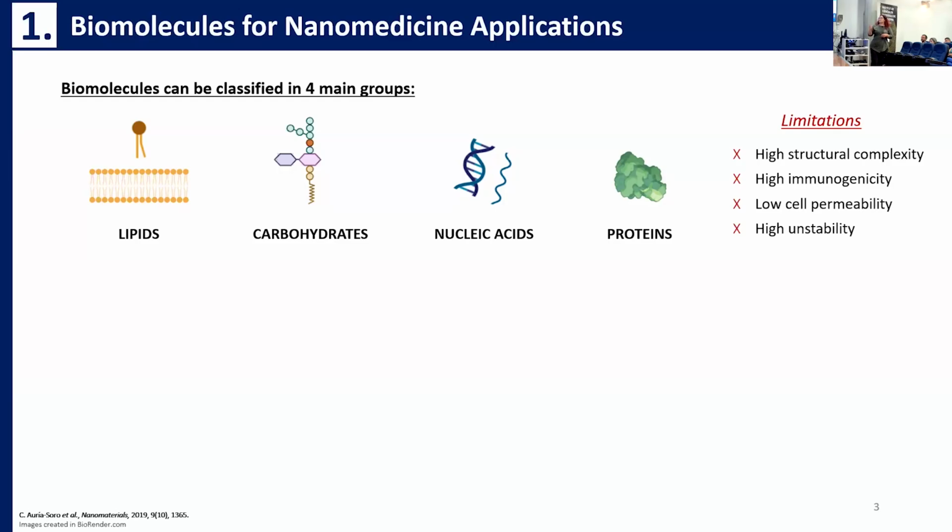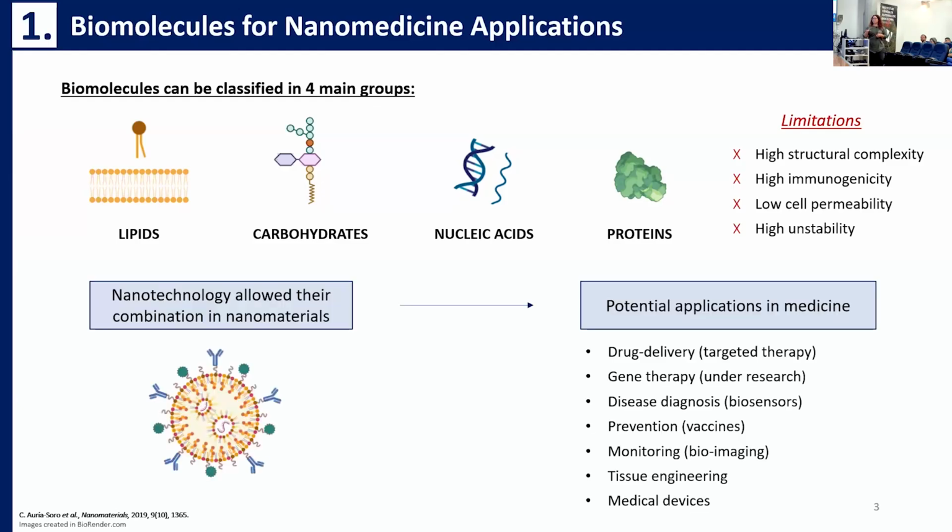These complex structures have a function in the living organism, but they are not easily implemented in medicine in an individual way because they have some limitations like high immunogenicity, low cell permeability, and high instability.